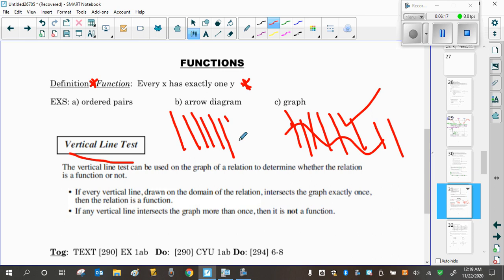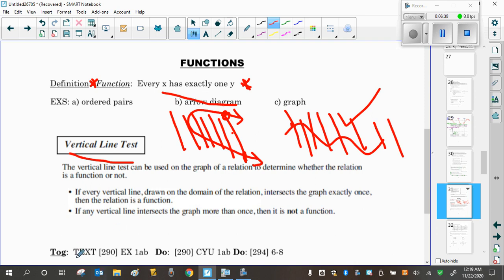However, if the answer is no, and this is your graph, this vertical line hits it more than once, then this x, 5 and 3 and 5 and negative 4, does not have exactly 1 y, it has 2 y's. And it's not a function.